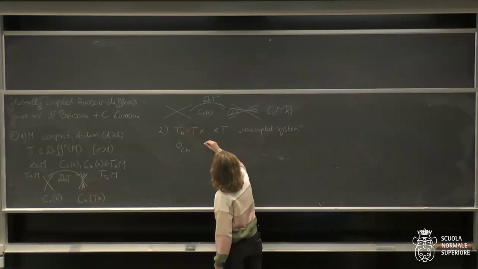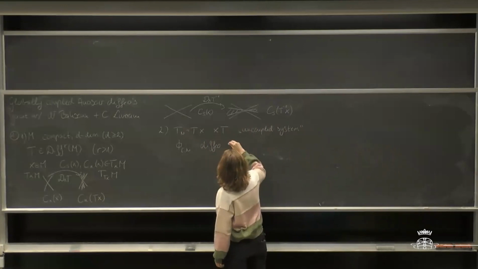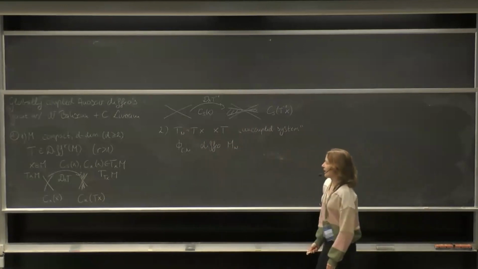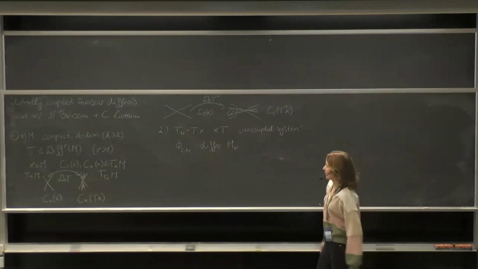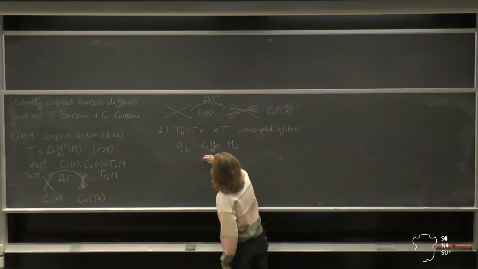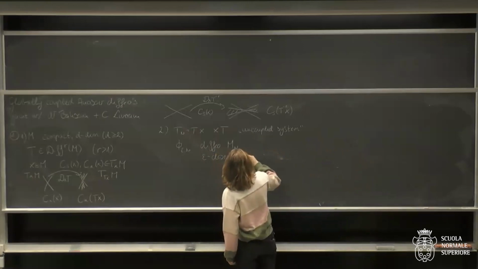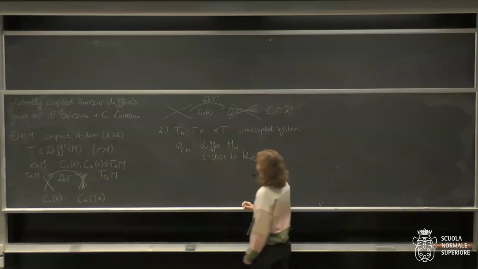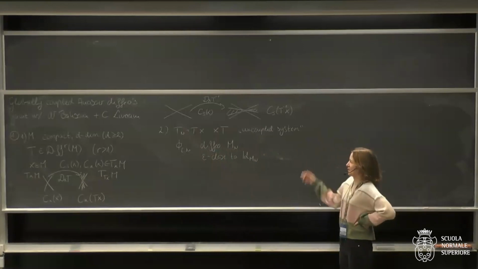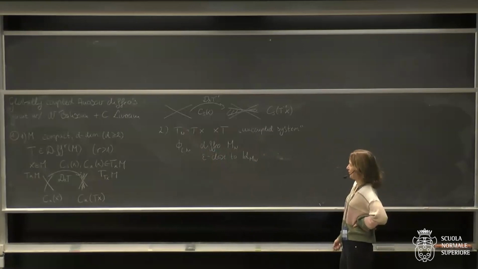So this is just some diffeomorphism of the product manifold, the n-fold product of the manifold with itself, which is epsilon close to the identity. In some sense, this is going to be made more substantial later on, but for now, this is enough.